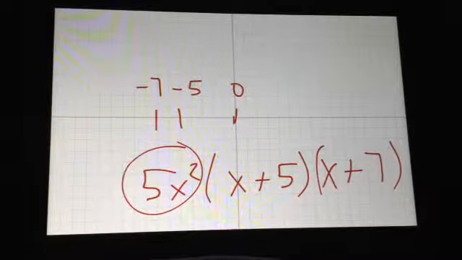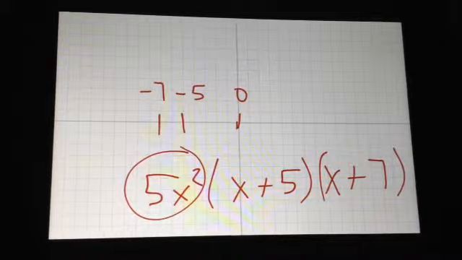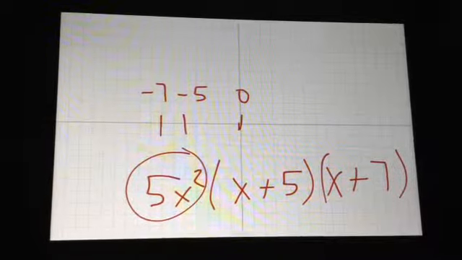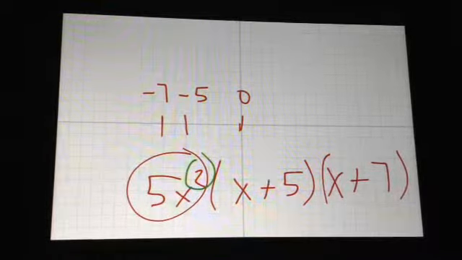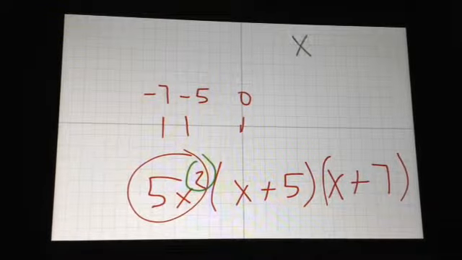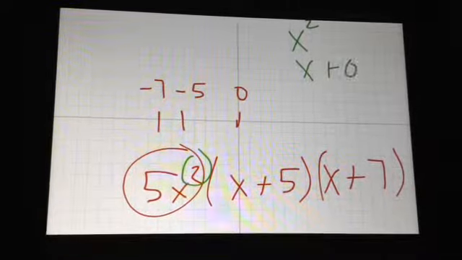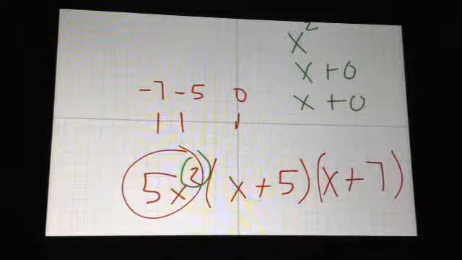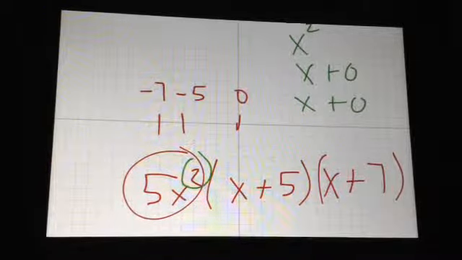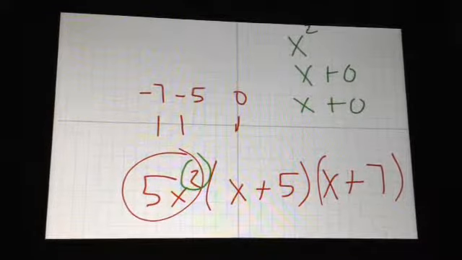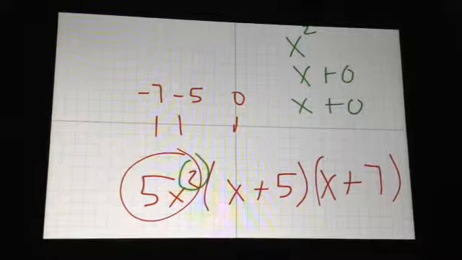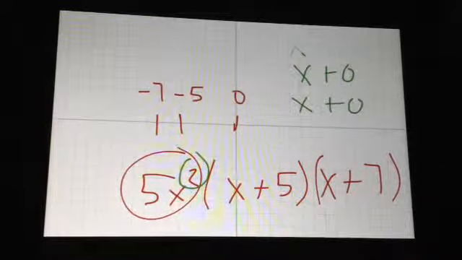Okay, so there's something special about that x on the outside by itself. It has a squared. So if there's an x squared, that's equal to x plus 0 and x plus 0. So it's like there's 2 in there. So it crosses twice at 0, which seems impossible, but it crosses twice somewhere in there.